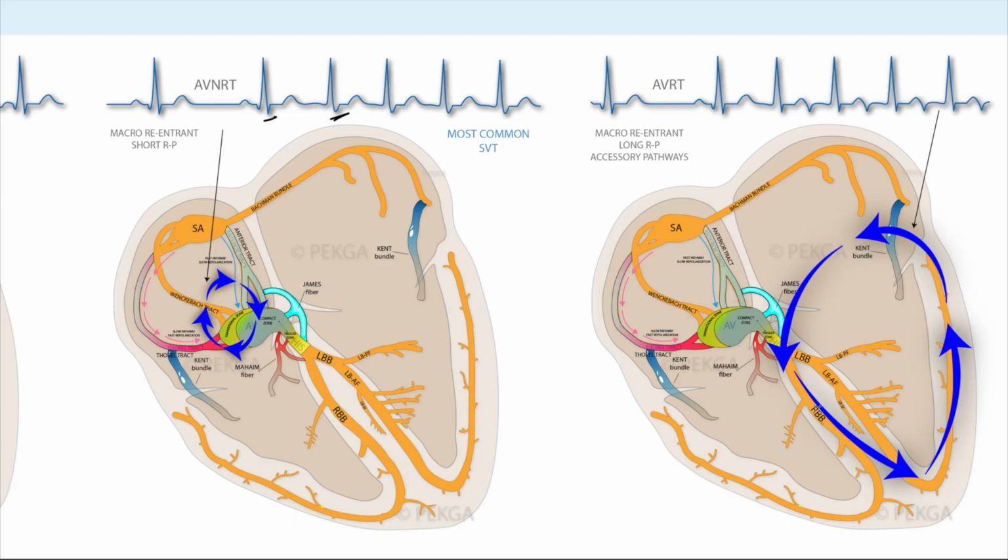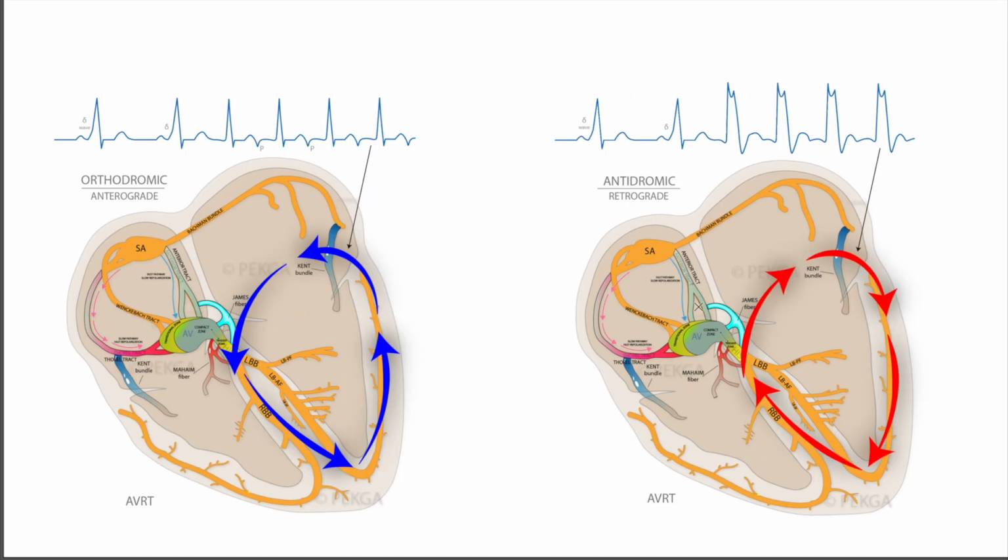It can happen anterograde, meaning it's following the typical path of conduction: AV node, His bundle, bundle branches. Or it can happen in a retrograde fashion, where the tachycardia is climbing back up the bundle branches into the His bundle, into the AV node, or perhaps an accessory pathway.